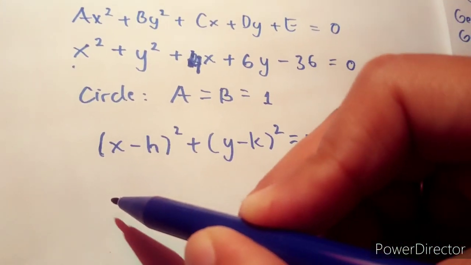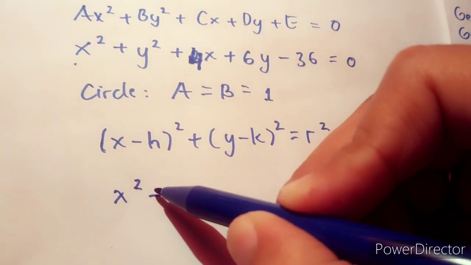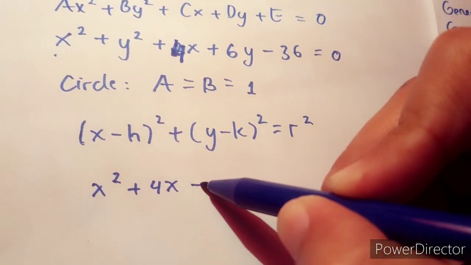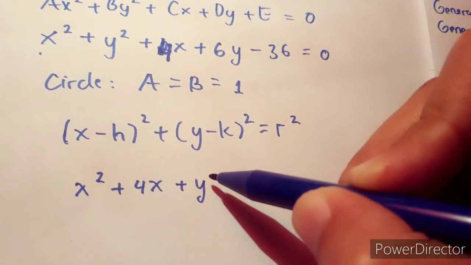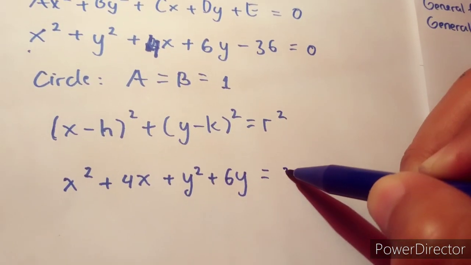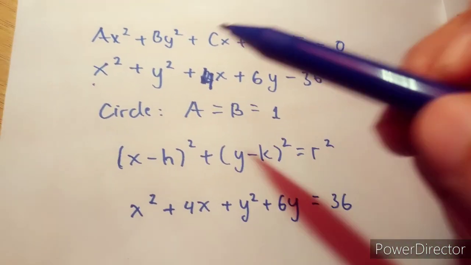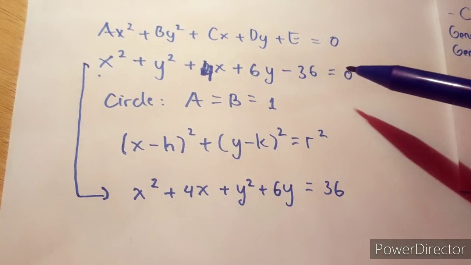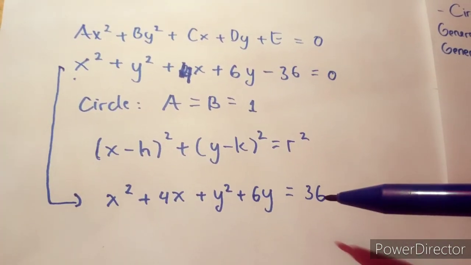So the first thing you need to do is add to both sides, and I use the commutativity for addition. From here, the original, into this.